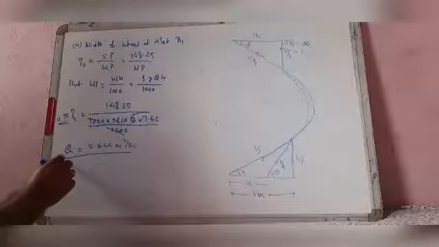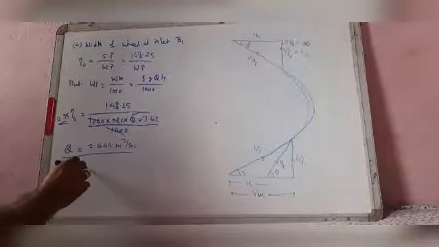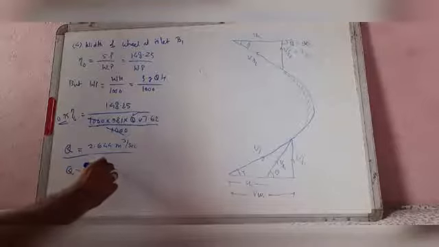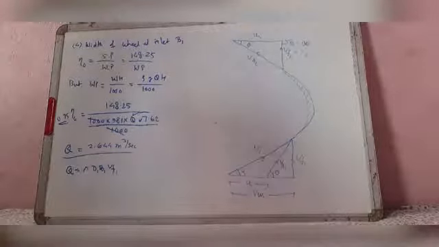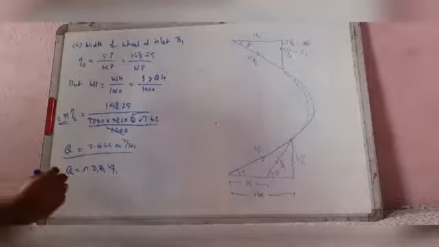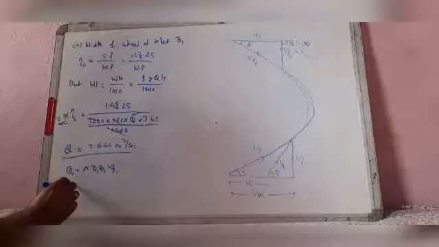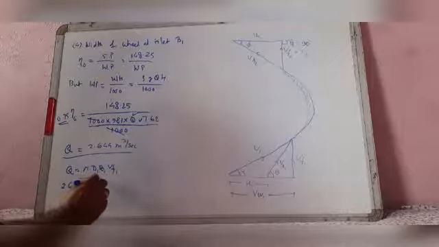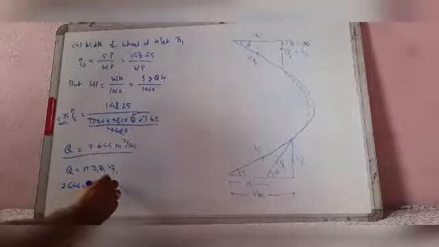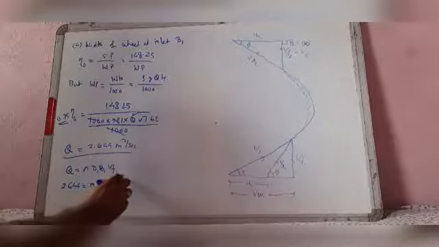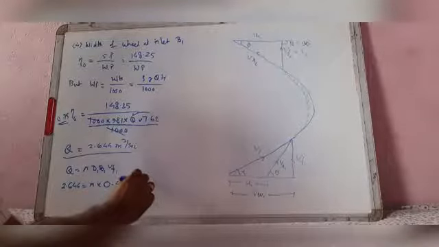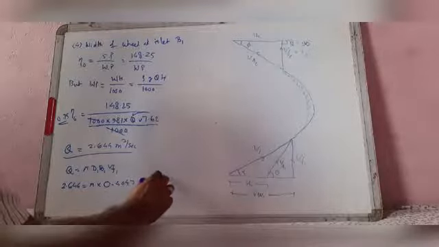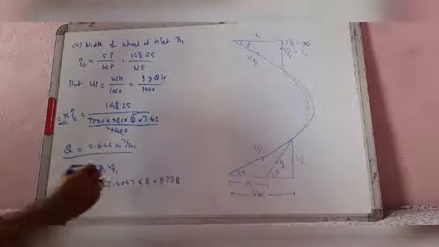Using the equation, as we know, Q equal to pi D1 B1 VF1, 2.644 equal to pi into D1 value we have found, 0.4047, into B1 into 11.738.